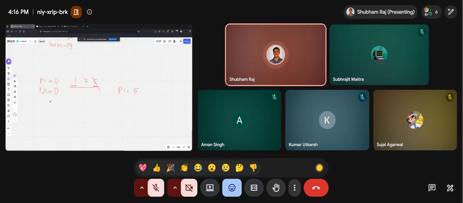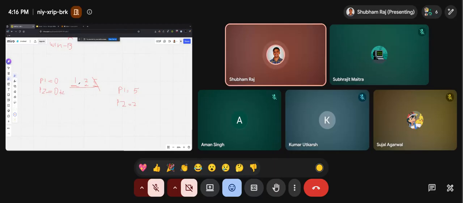Now player 2 can pick 1 or 2, because this one is at the extreme left at present, and this is the ending element. So he can either pick 1 or 2. So let's suppose he's picking 2. So his score will become 2, because the 2 will be added to his previous score.